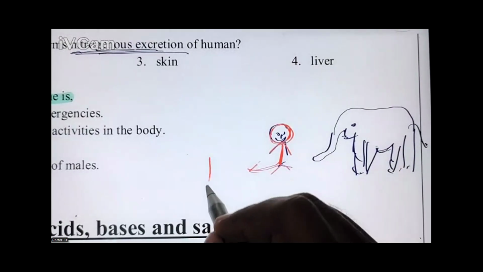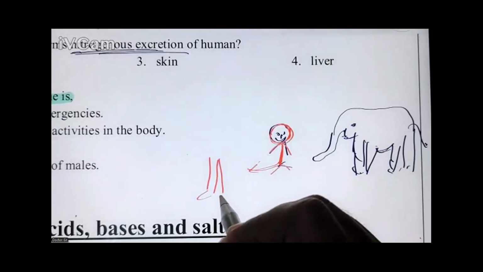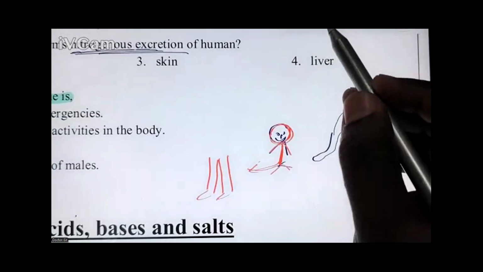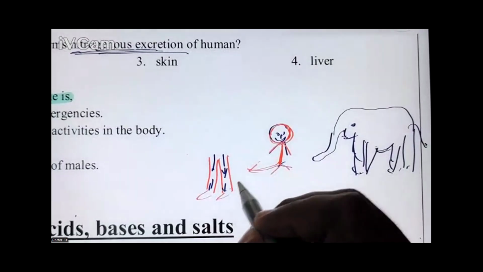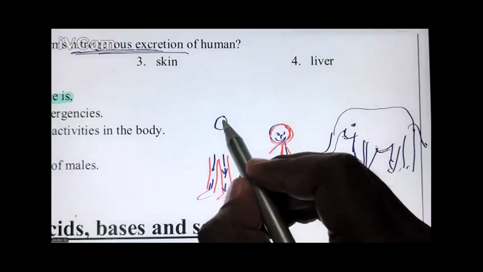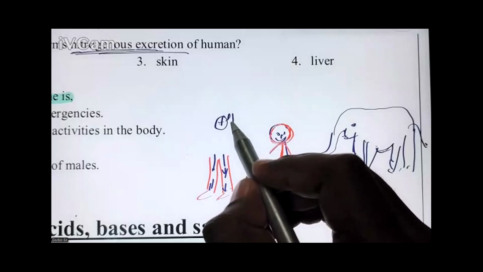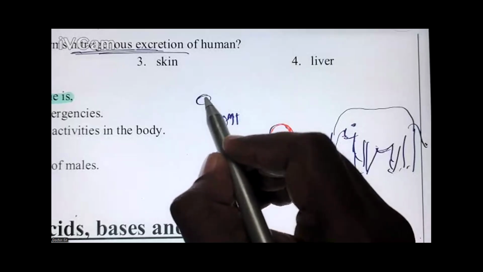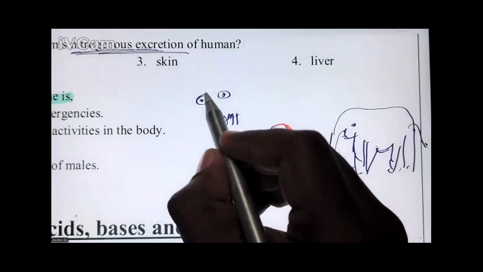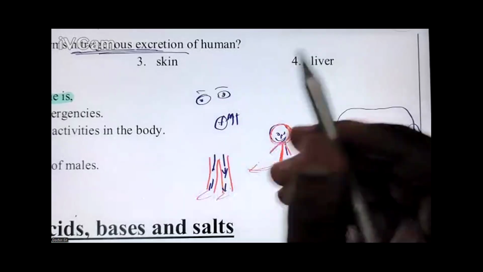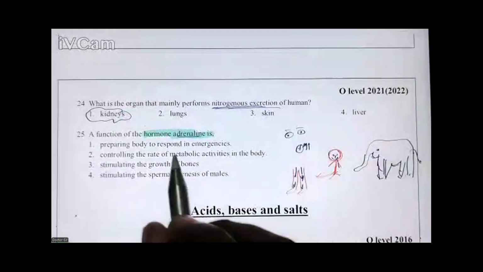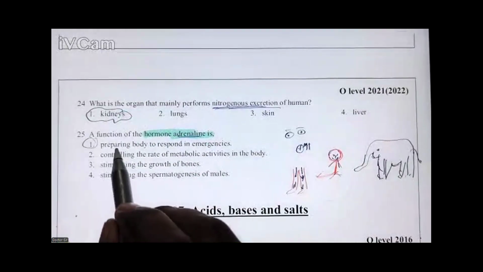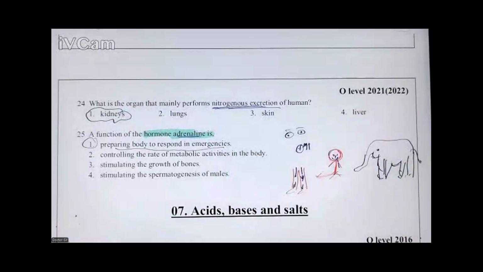All your legs should be very active, so more blood will go to your legs. Then your heart rate will increase, the heart will pump more, and your eyes will be wide open, because you have to clearly see the path. All those things will be done by the adrenaline hormone. So adrenaline prepares the body for the response to an emergency.